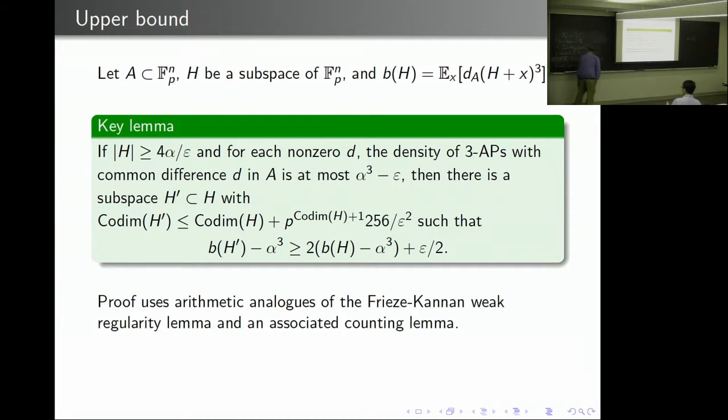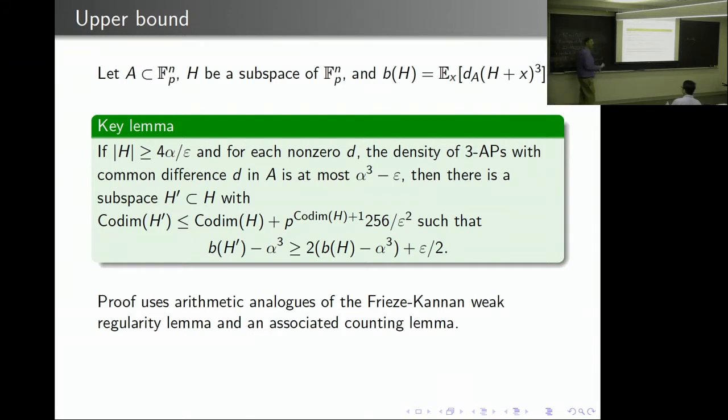The codimension of H is at most delta to the minus 2. And in fact, when we apply it, we really want it to be equal to the floor of delta to the minus 2. We don't want it to be too small. So there's going to be a delta-weakly regular subspace of small codimension.